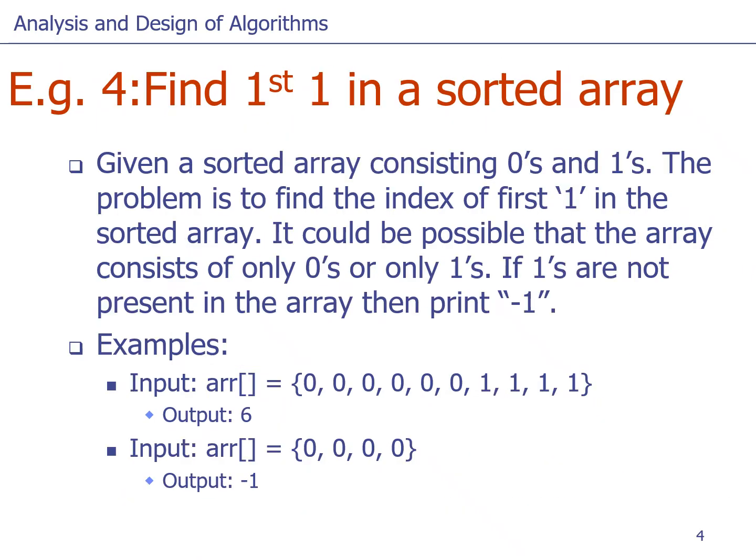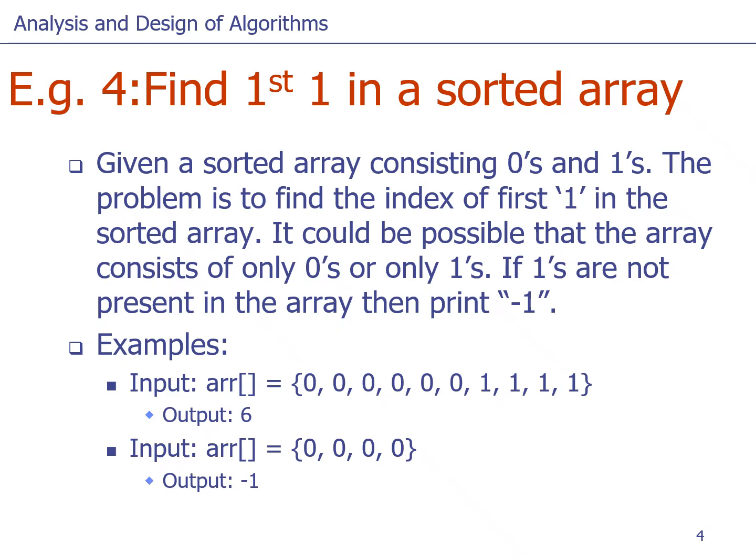Now, after this recap, let's move on to this example. Here are the details. Suppose you're given a sorted array of zeros and ones, so only 0 and 1. By the way, this is a nice problem because it doesn't have to be really 0 and 1, but talking about it in terms of zeros and ones is nice because it just simplifies the explanation.